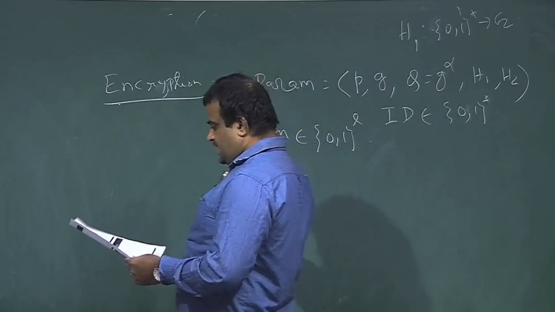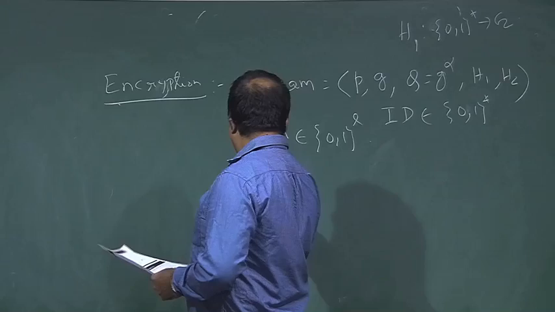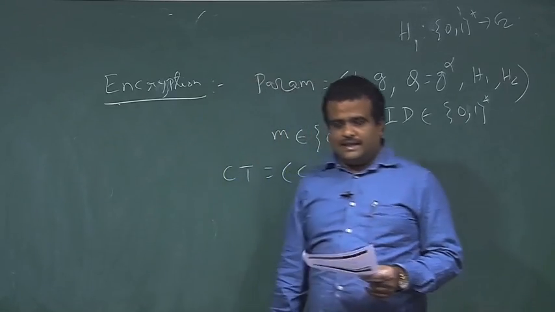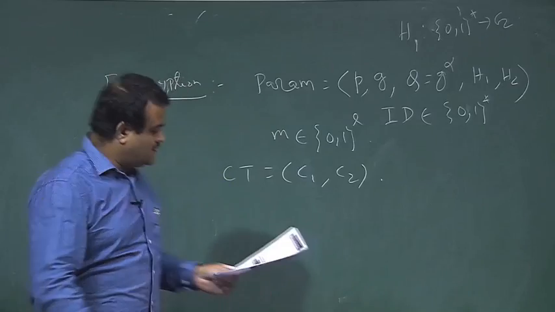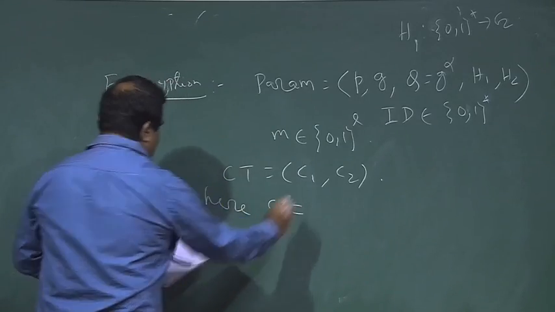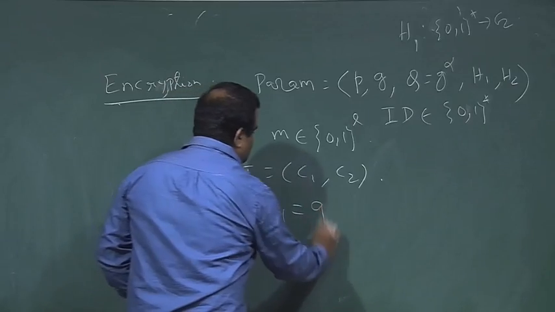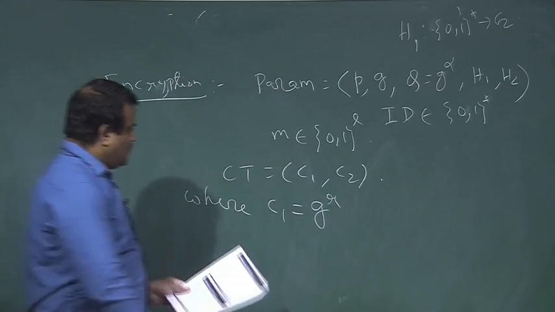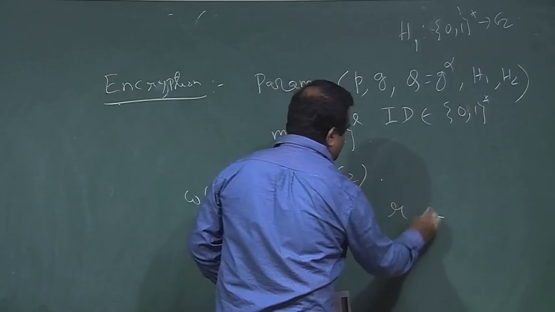It generates a ciphertext CT, which has two parts, C1 and C2. It is similar to the ElGamal encryption, C1 and C2, where C1 is basically G to the power R. R is chosen randomly from ZP.